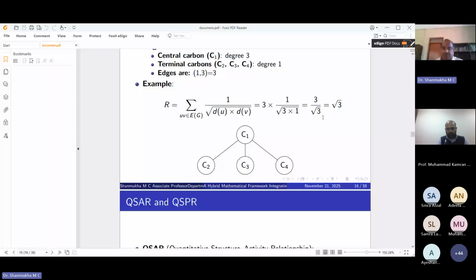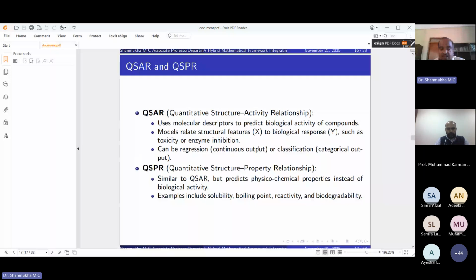So now let us move on to QSAR and QSPR. Already we discussed that QSAR means quantitative structure activity relationship, and QSPR means quantitative structure property relationship. Usually QSAR uses molecular descriptors to predict the biological activity of compounds, and the models relate structural features to biological response such as toxicity or enzyme inhibition.